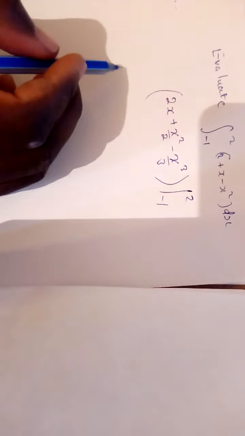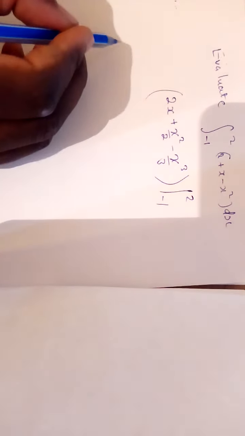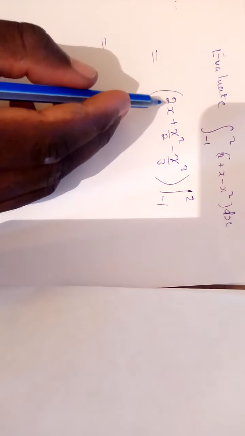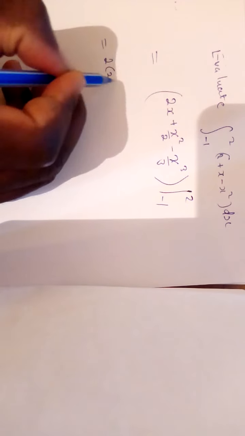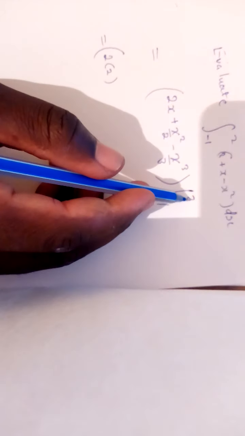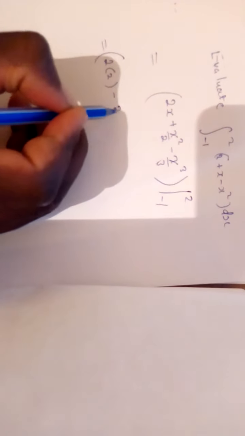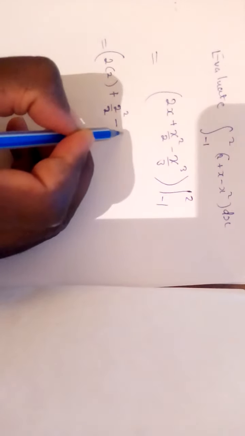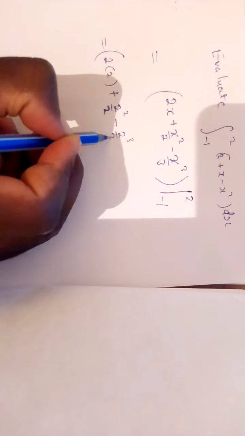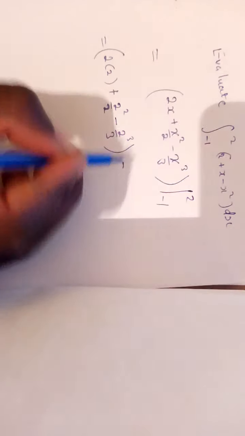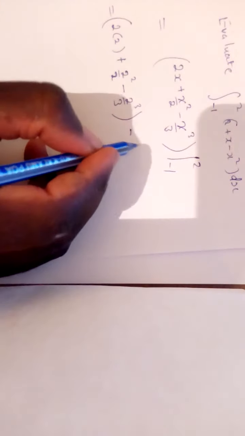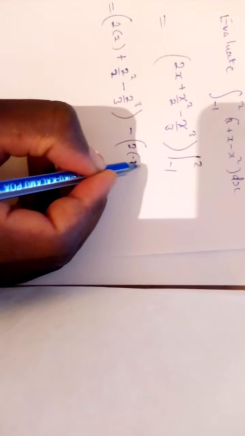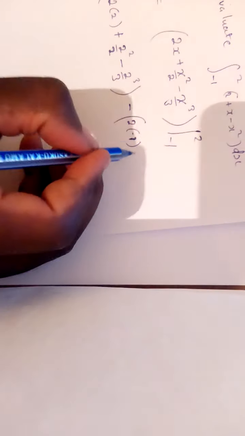After putting the limits there, when you solve, where you're able to see x, you put 2, like we said, because 2 is on top there. Minus, where you're able to see x again, you put -1. Hope you're following.